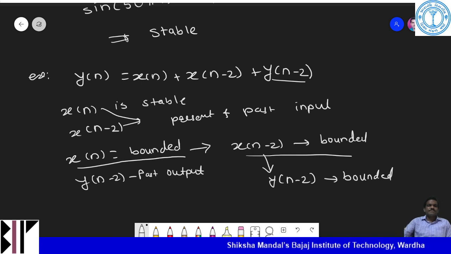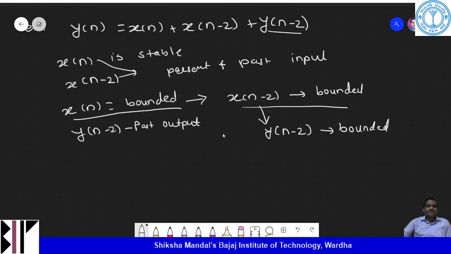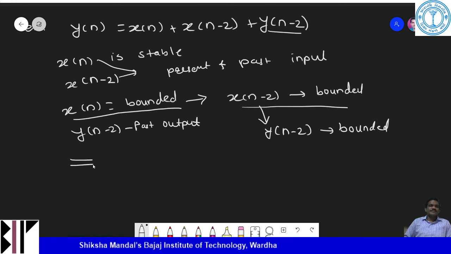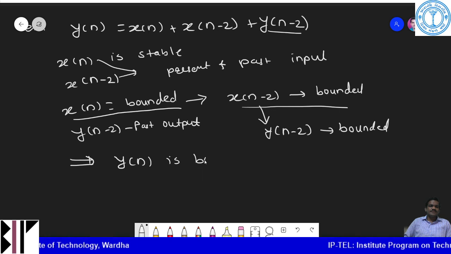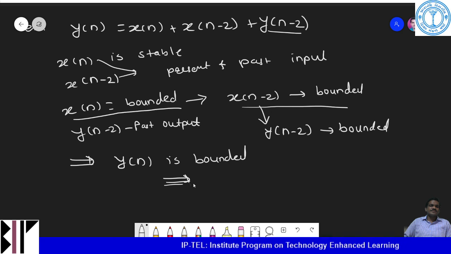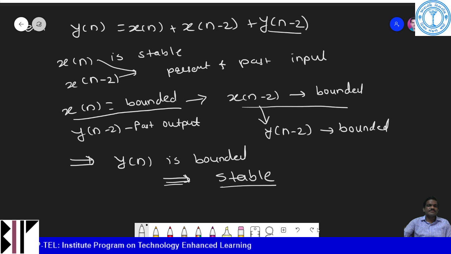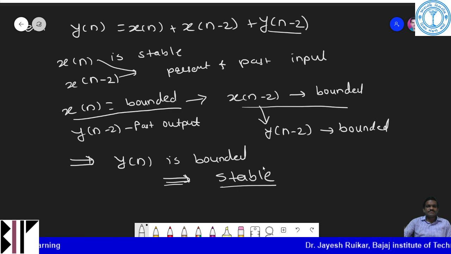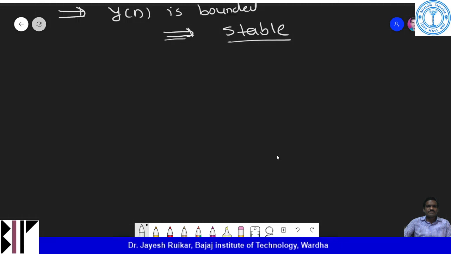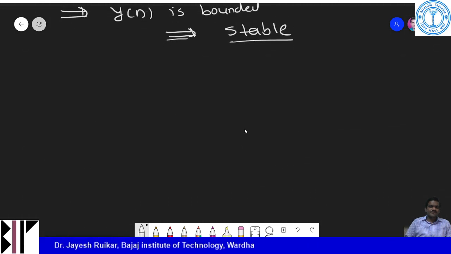Your past output is also bounded, and hence that implies y of n is bounded. So the system is stable.